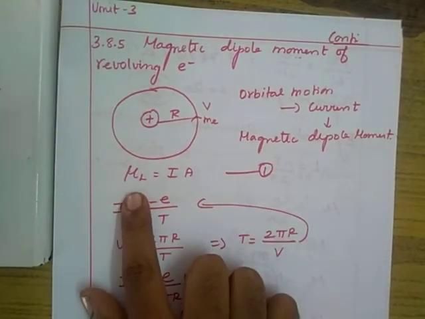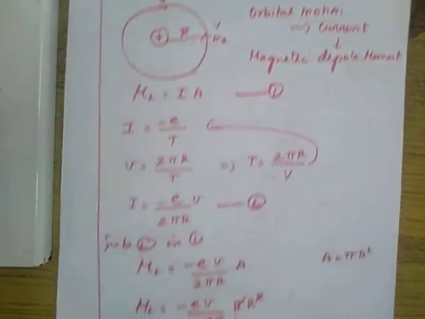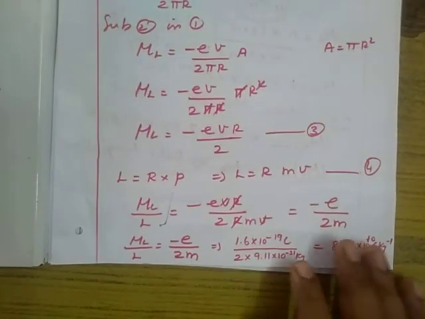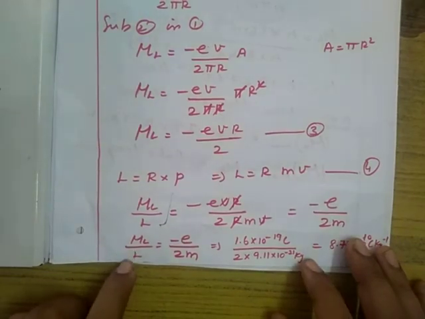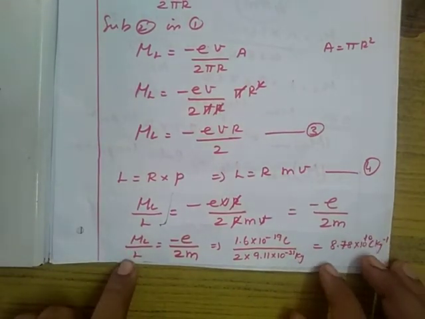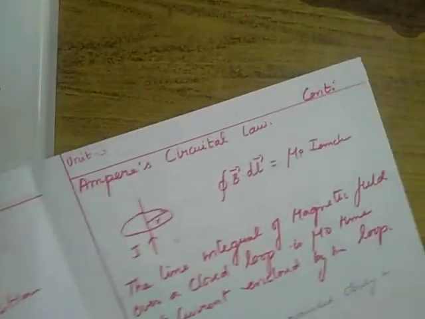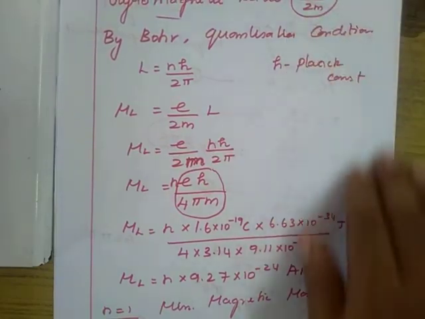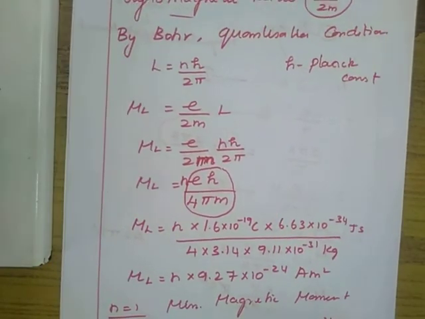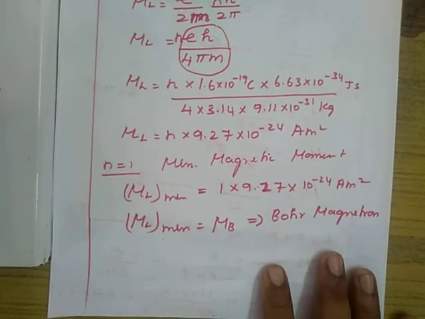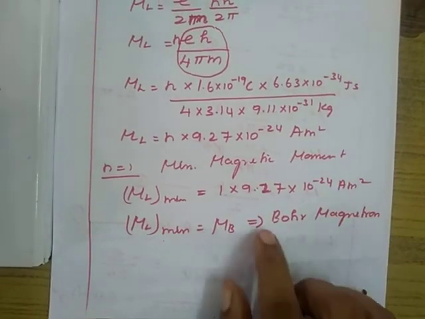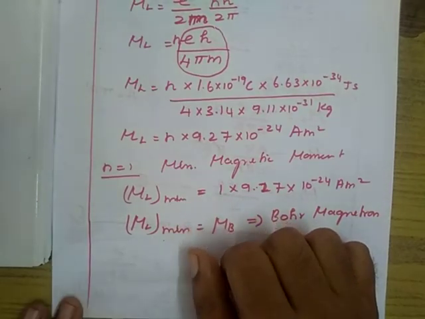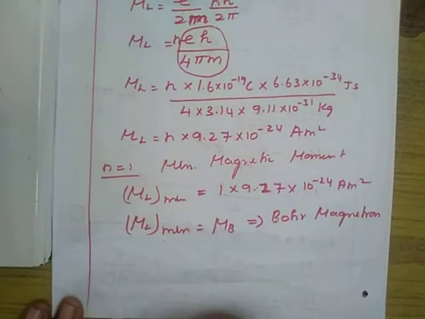Using this magnetic moment, we found a ratio called the gyromagnetic ratio that relates the magnetic moment of the electron and the angular momentum of the electron. Then by using the Bohr atom model we found one more thing, that is the Bohr magneton, mu B is equal to 9.27 into 10 power minus 24 ampere meter squared.